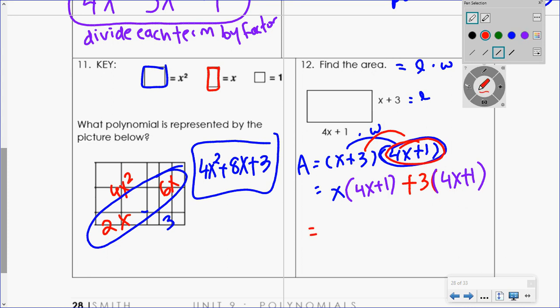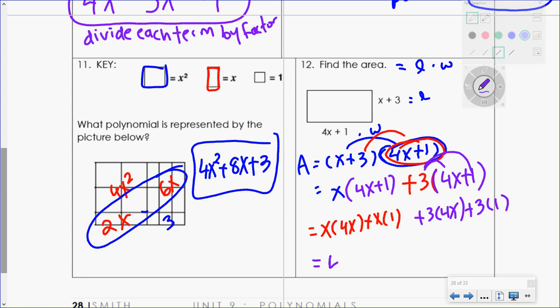Simplifying, I get x times 4x plus x times 1. Then over here, plus 3 times 4x plus 3 times 1.